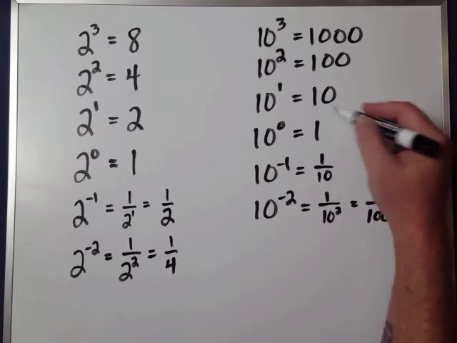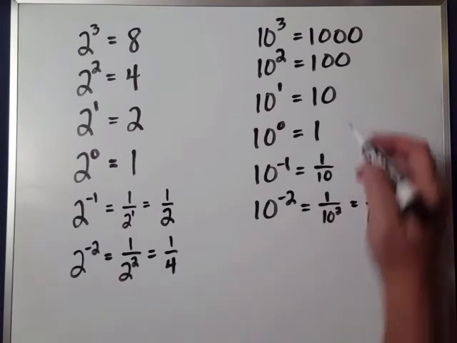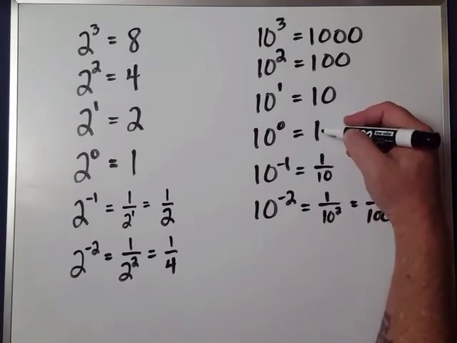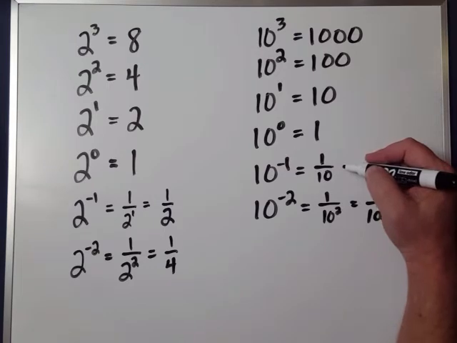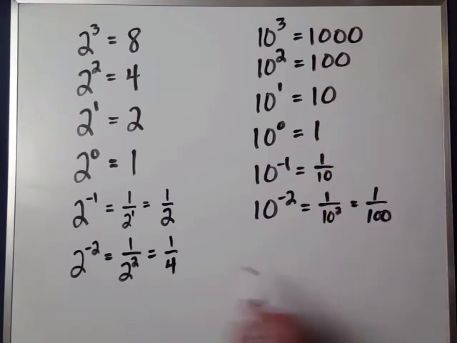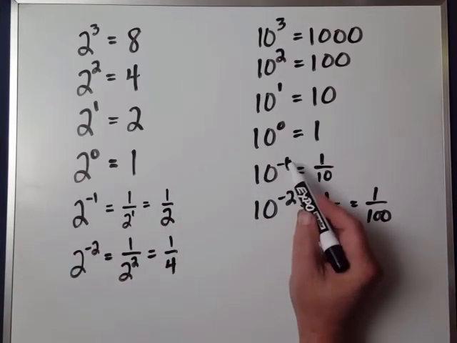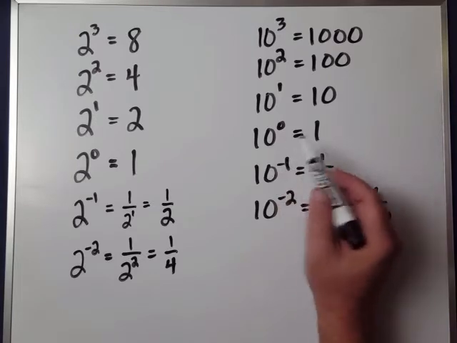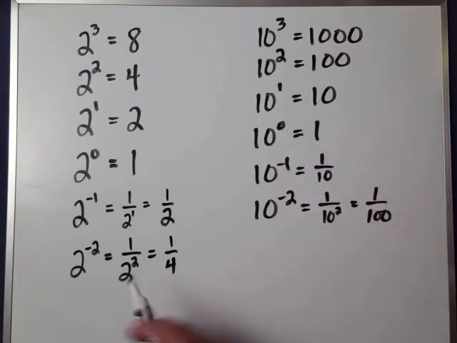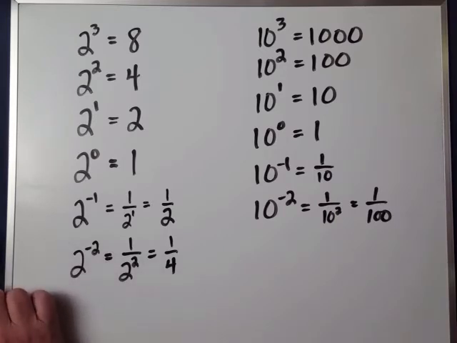The multiplicative nothing, for no factors of 10. Divide 1 by 10. That'd be a tenth. Divide by 10 again, you're down to a hundredth. And so the pattern holds. And this idea of integers for exponents, meaning now I'm throwing in the 0 and I'm throwing in the negatives, the idea holds as we look at these numerical examples.